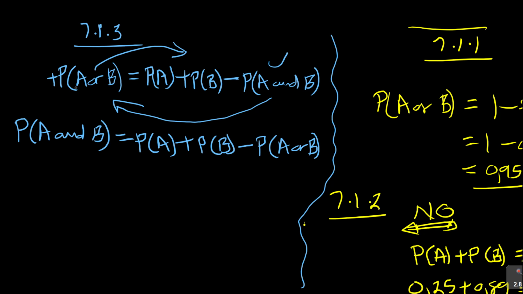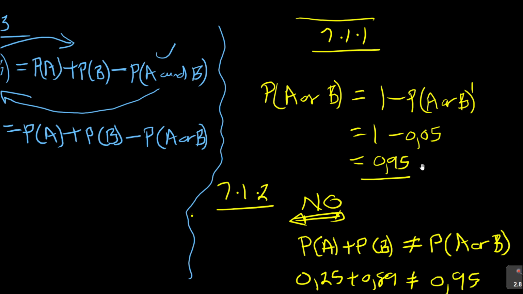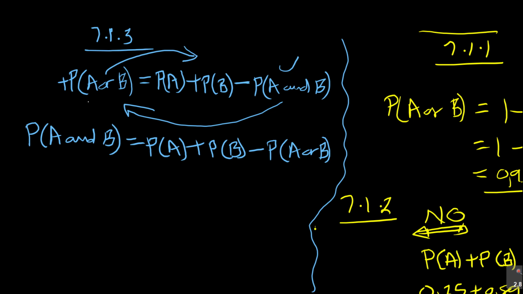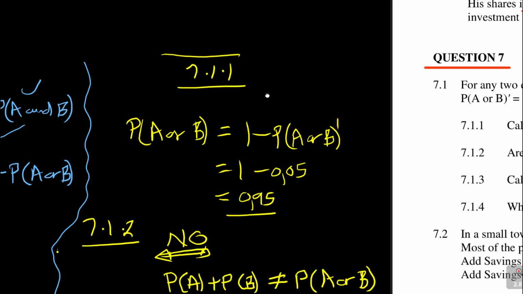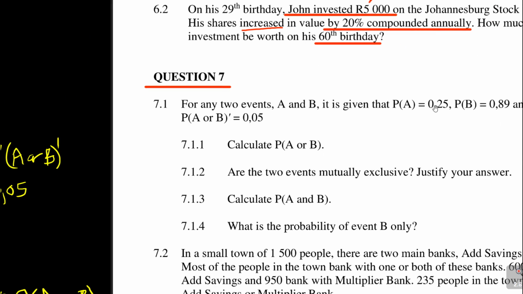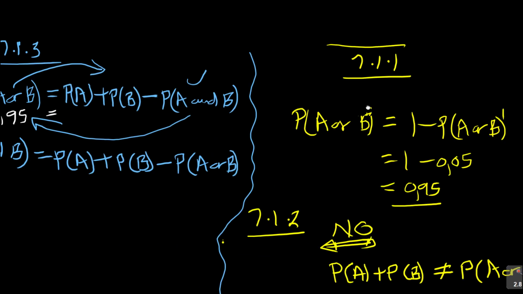If you wanted, you could have put the numbers here straight away to say probability of A or B, we found it, it was 0.95. You could just put it here: 0.95 is equal to probability of A, which we have as 0.25, and the other one is 0.89.